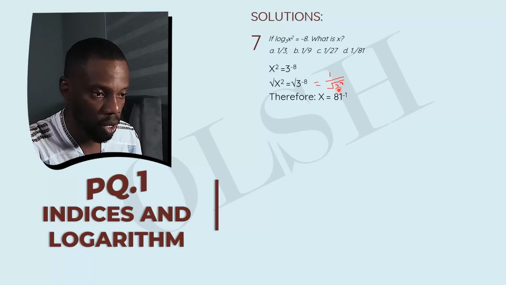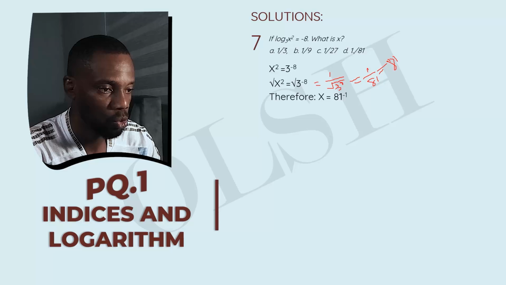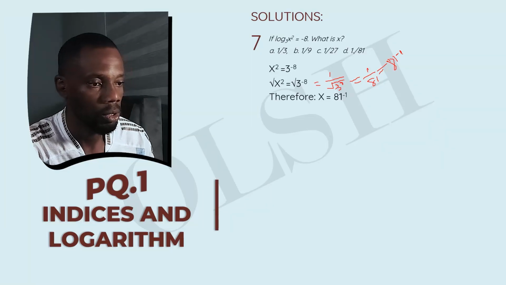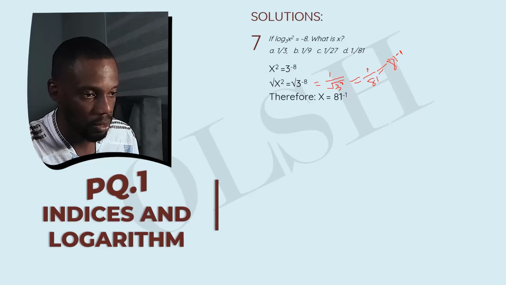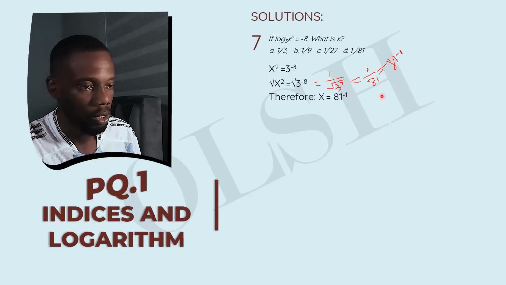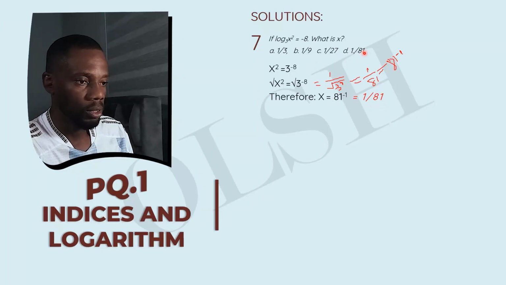So the square root of 6561 is 81. So this is equal to 1 all over 81, which is same as 81 raised to power minus 1. We have that here to be our x. That's how we got our x. So of course 1 over 81 is our answer.